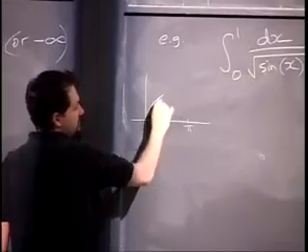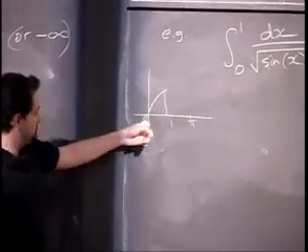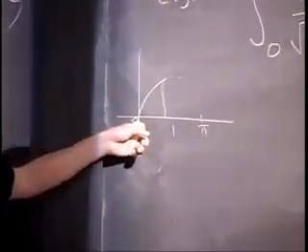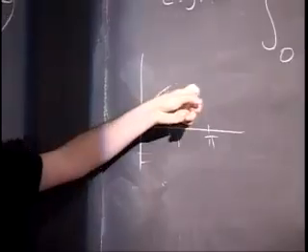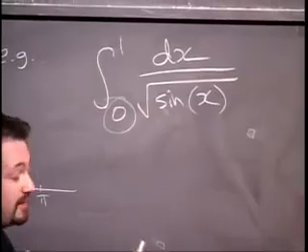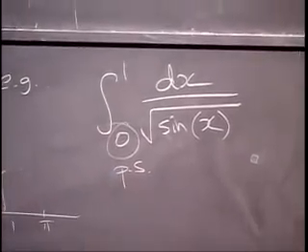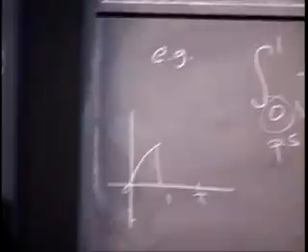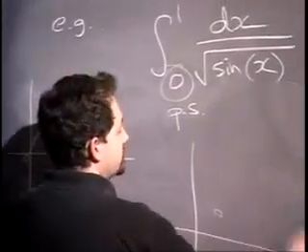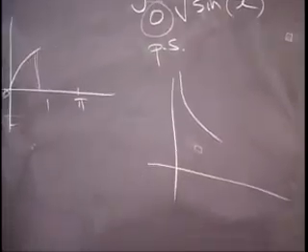But between 0 and 1, sine x is positive, except at 0. You can take the square root. In fact, the only problem is when you divide by 0. So 0 is going to be a vertical asymptote. It's a problem spot. But otherwise, no problem. So the graph of this thing looks something like this. Same shape as a lot of the others that we've looked at.